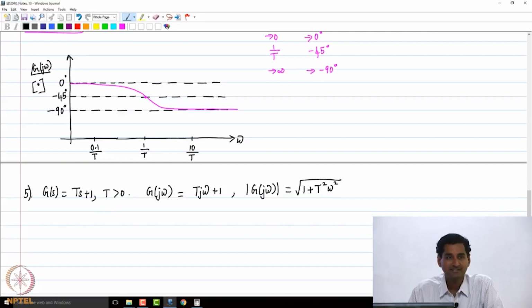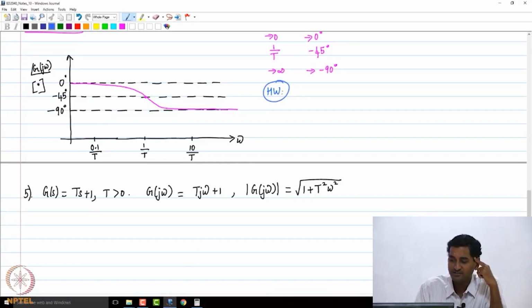Why don't you plot and check? Okay, good question. Please go to MATLAB, plot using a linear scale and a logarithmic scale, and check. Overlap them on the same plot. I will write homework here just to make sure all of us remember.